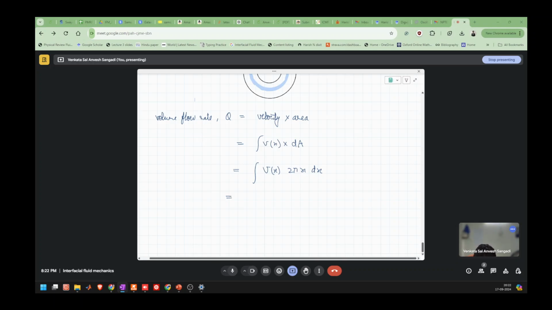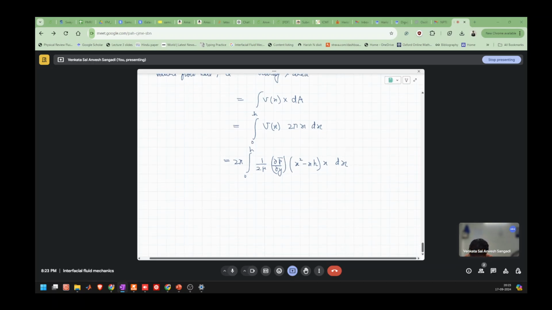So again, this strip is going from 0 to h in the coordinate system we have chosen. If we substitute v, which is equal to 1 by 2 mu dp bar by dy into x square minus x h, 2 pi into x dx, and then we substitute p.